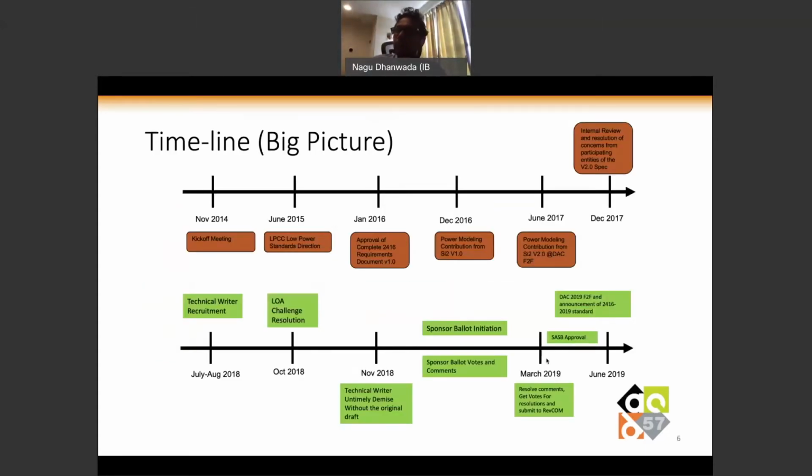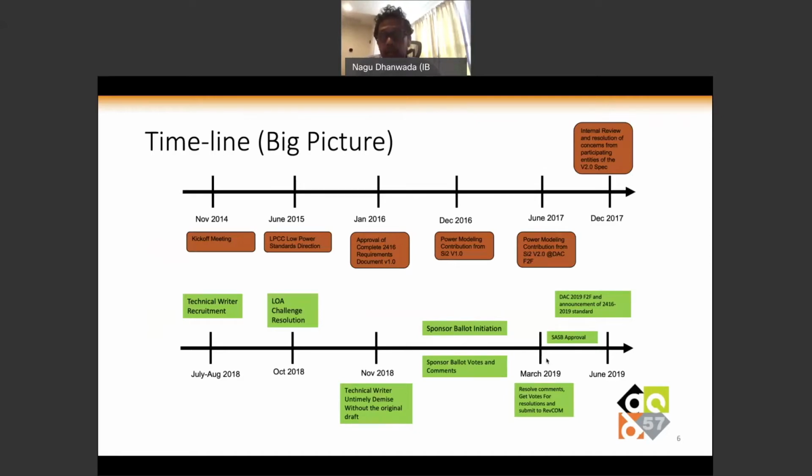Now, just to give a very small overview of the big picture timeline of when we started and where we are now, this slide shows a timeline for the standard development process from its inception back in 2014 through the IEEE Standards Association sponsored Low Power Coordinating Committee activity, and through a lot of intermediate milestones.